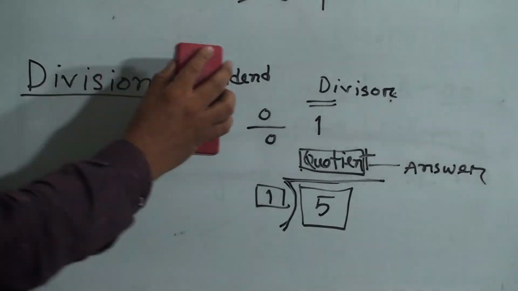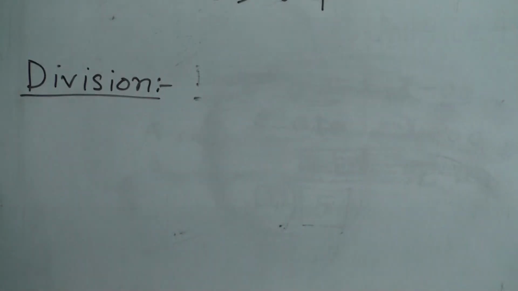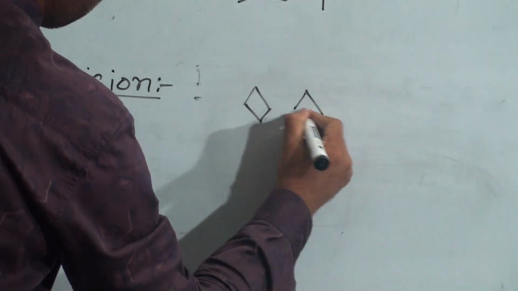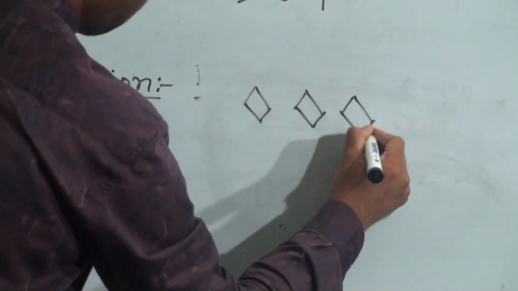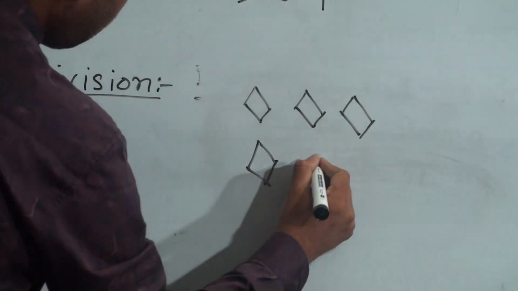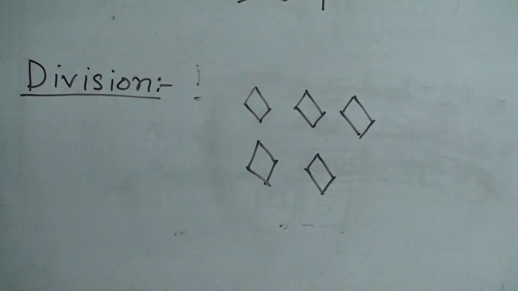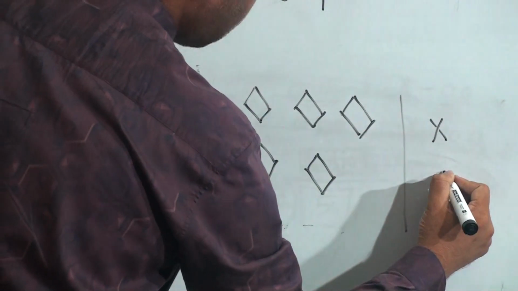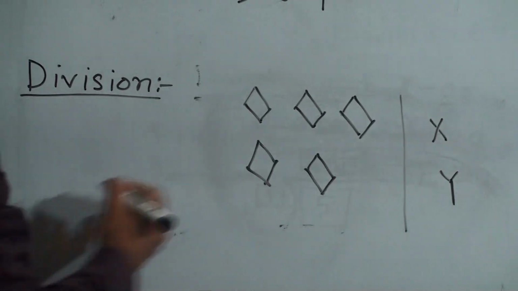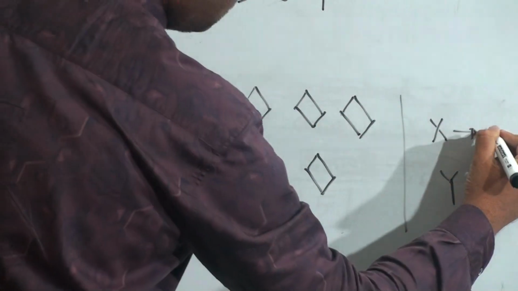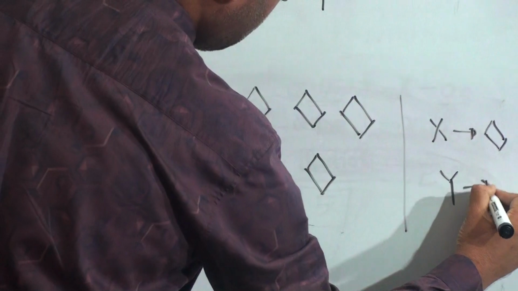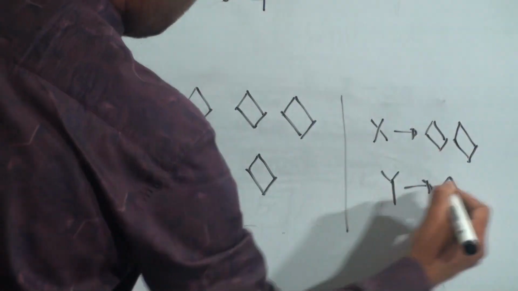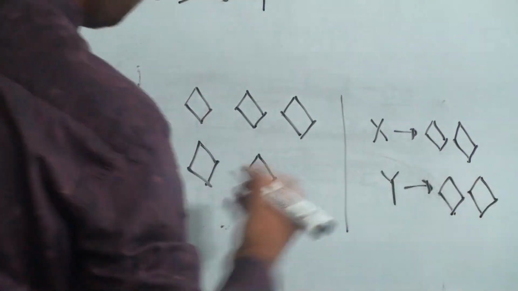Now suppose here are 5 cookies. You have to divide these 5 cookies between 2 persons X and Y. First of all you give Mr. X a cookie, then Mr. Y another cookie, then for X 1 and for Y 1.